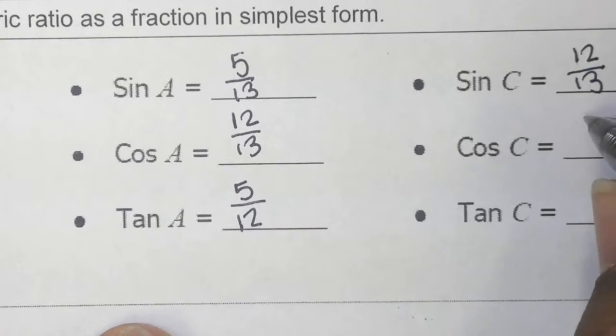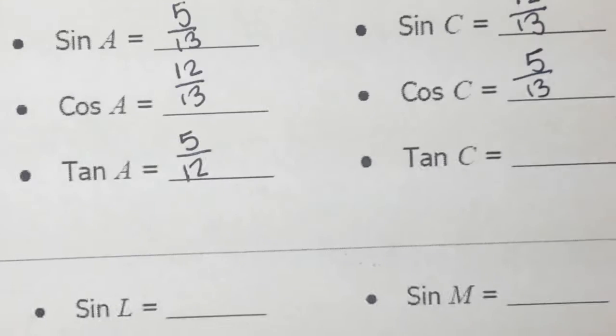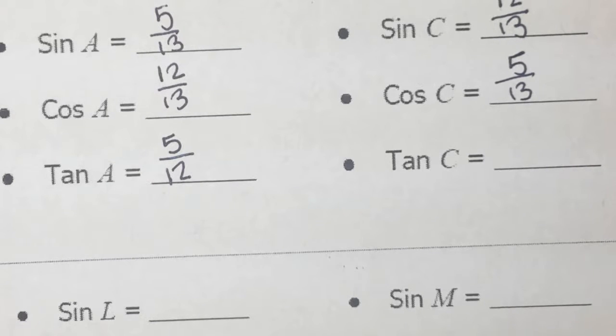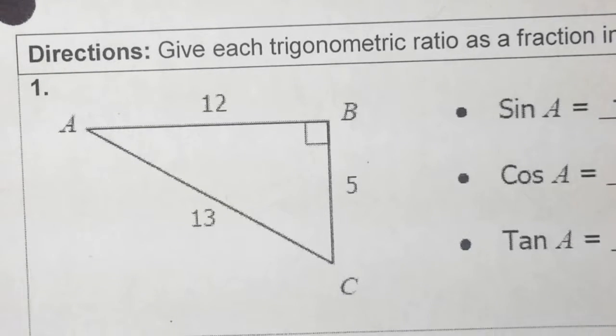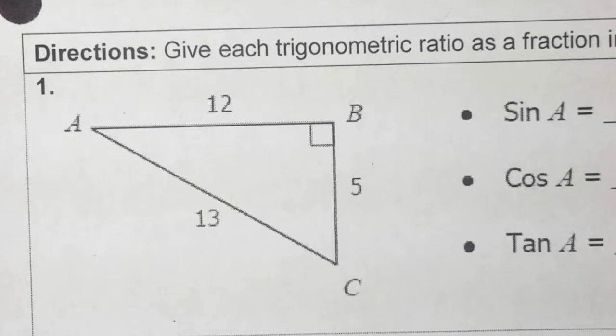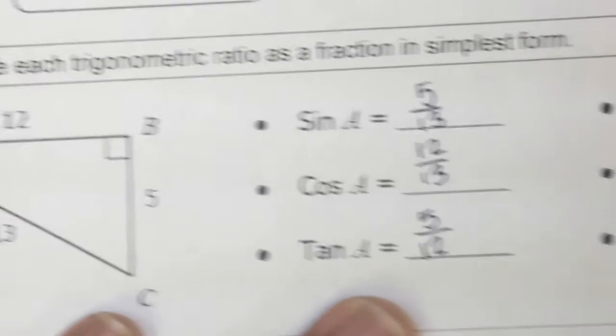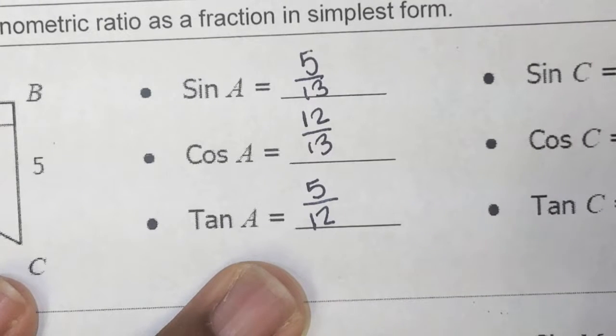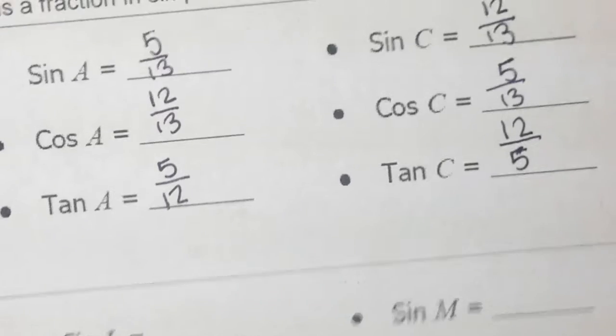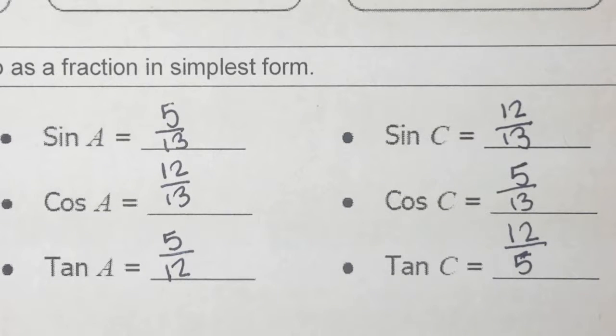Five over 13. And then the last one, tan of angle C. 12 over 5. Yeah, if they're doing the opposite angles afterwards, but yeah.